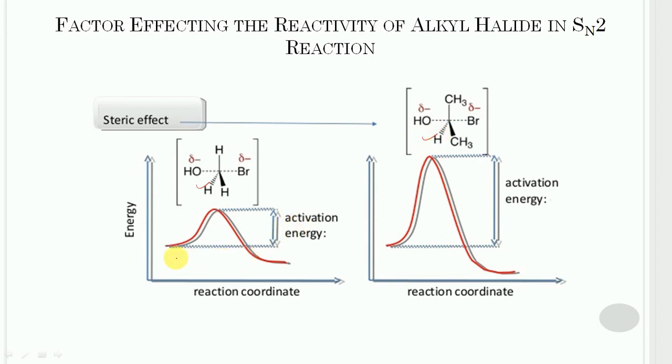In the case of methyl bromide, the activation energy for the transition state is very low, and in the case of tertiary alkyl halide, the activation energy is very high. So the reaction will occur very fast in the case of methyl bromide in comparison to the tertiary halides.